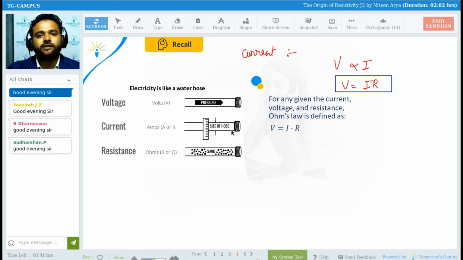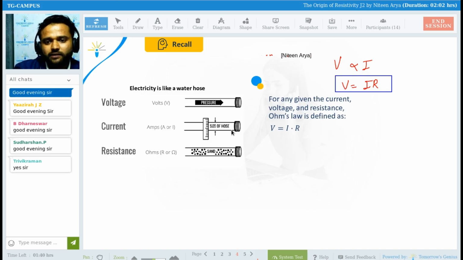The resistance is nothing but the opposition given by the particular material, given by the conductor, the semiconductor, any particular medium, whenever there is a flow of electrons. Clear, everyone? And current, we all know, is nothing but the continuous flow of particles.